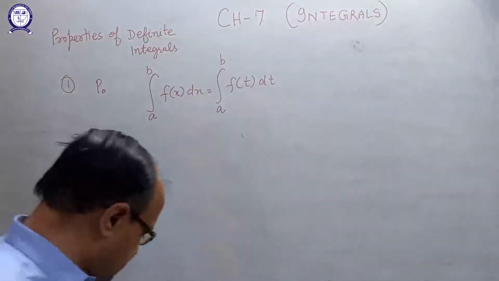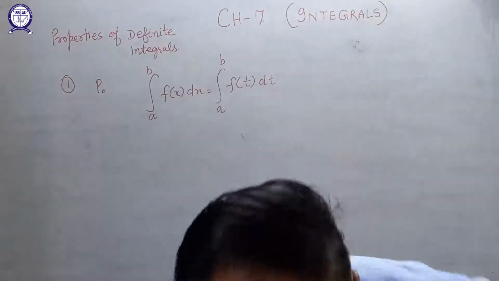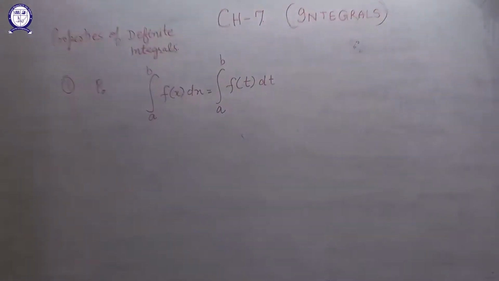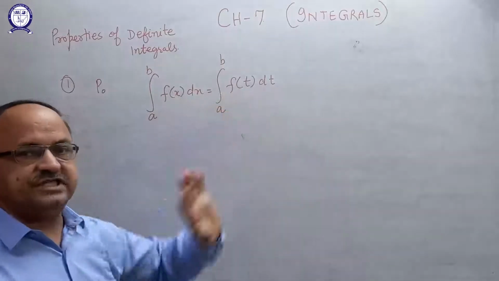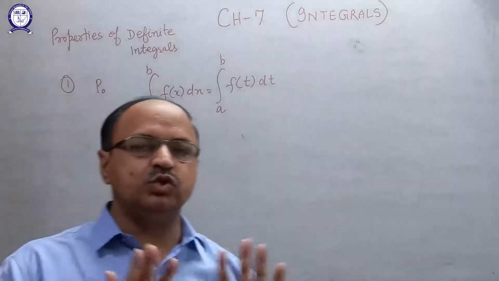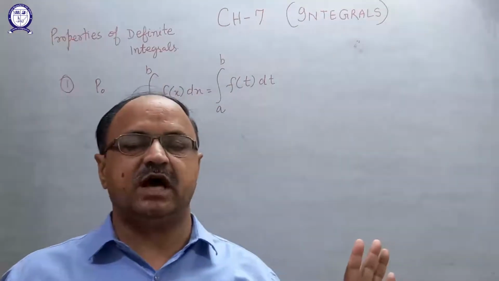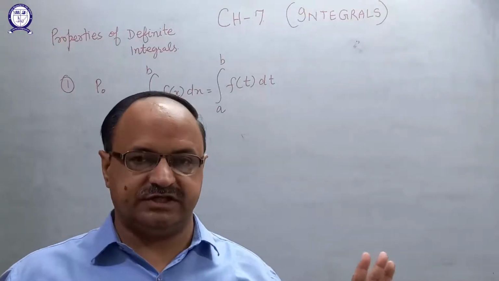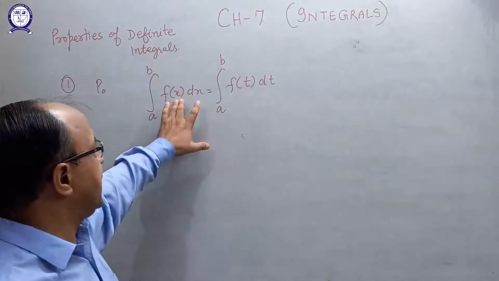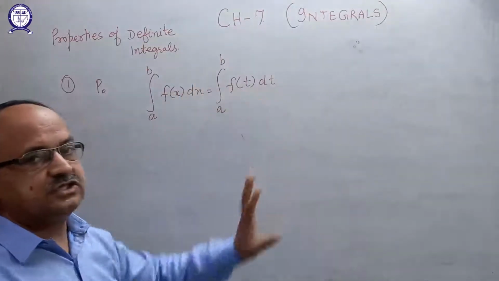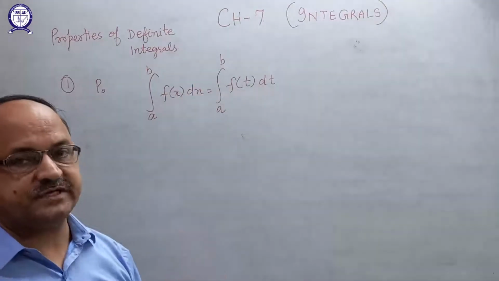In this property, it means you can change the variable. If you change the variable, then there is no difference in the answer of both statements, correct? Because if you write in x or in t, there is no difference. This is the first property.